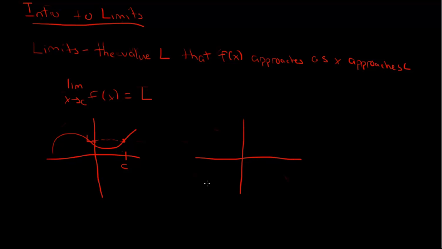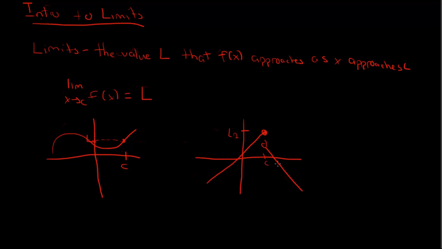So let's look at a function like this. Say this is your f of x. This is an open dot, by the way. So now, as x approaches this value c from the left, it would go to this value, say L2. But as x approaches c from the right and comes really close to c, notice that at x equals c, it would always be here because this is a shaded dot.